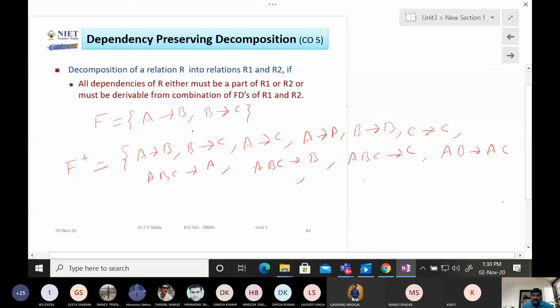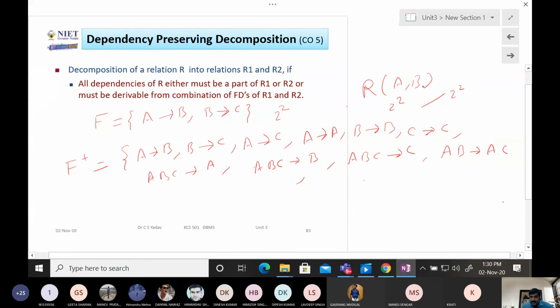If there are two attributes A, B in R, then the power set is 2 to the power 2, which is 4, and 4 times 4 means a maximum of 16 FDs.